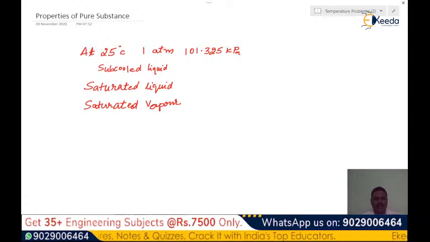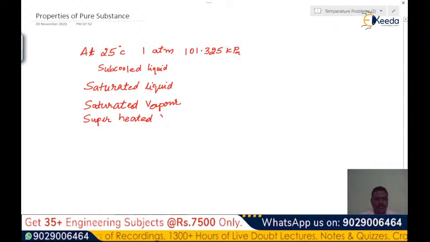And if heat is added beyond that point, then its temperature once again starts rising, and that state of the pure substance is called as superheated vapor.